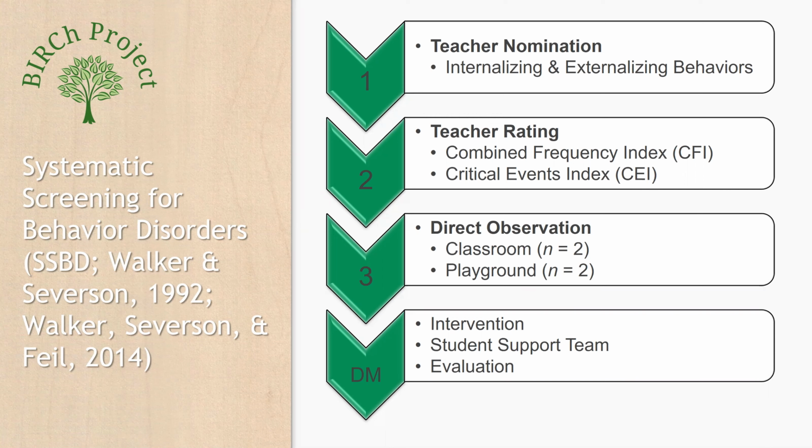Based on whether or not students exceed certain criteria on those measures, observations are done for those students. And then based on the results of those observations, the team makes decisions about what the student needs, whether it be targeted intervention, referral to a student support team, or referral for a more comprehensive evaluation.